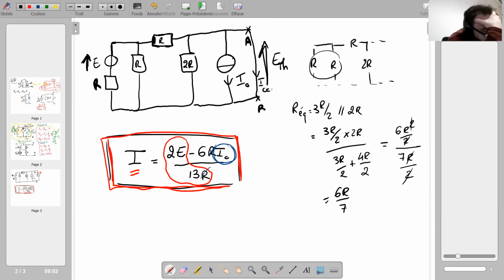Then you have to apply node law, mesh law through the circuit to get this value. So I think ETH is easier to find than I0, but maybe not. So you have to apply multiple times mesh laws and you should be fine.